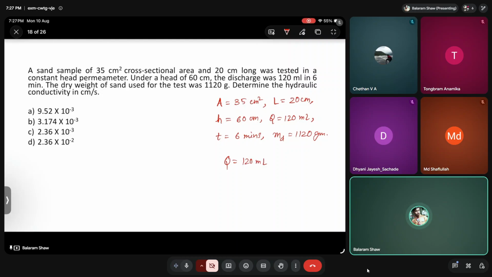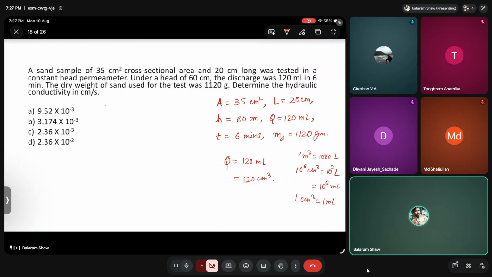We know 1 meter cube is 1000 liter, and 10 to the power 6 centimeter cube is 10 to the power 3 liters, or 10 to the power 6 milliliter. So we can write 1 centimeter cube as 1 milliliter, and we can write this as 120 centimeter cube, right?